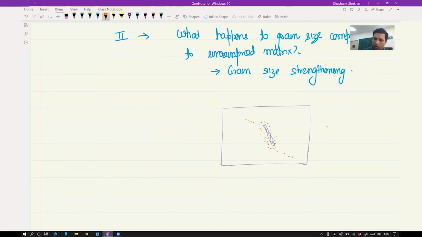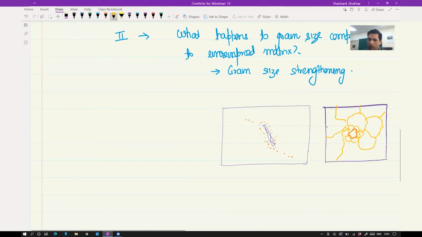The other, if you look through the literature of metal matrix composites, you would see that if there are particles formed somewhere, then because there is a particle, there will be stress in the region, and therefore new grains form, and you can clearly see small grains near it. This is called particle stimulated nucleation, and away from it you would see the grains are what you had originally.